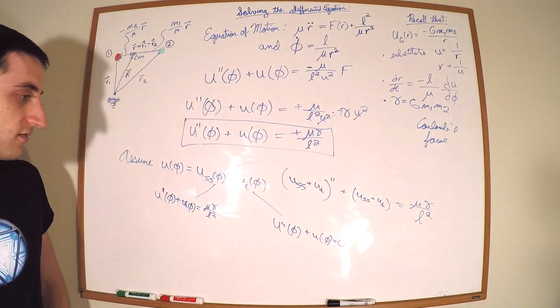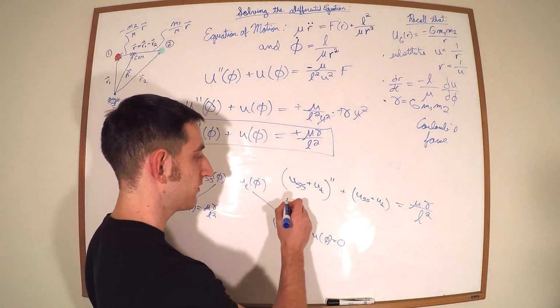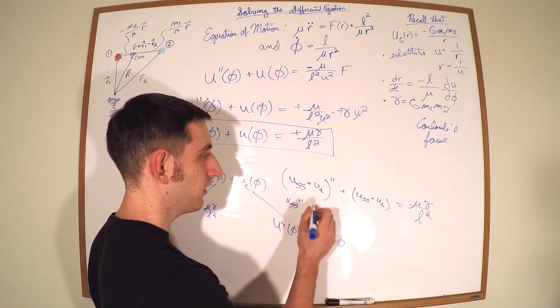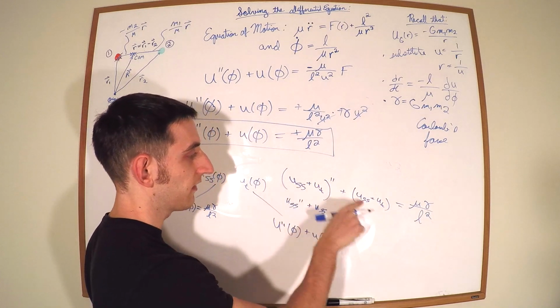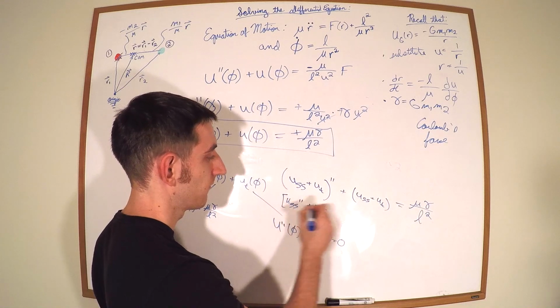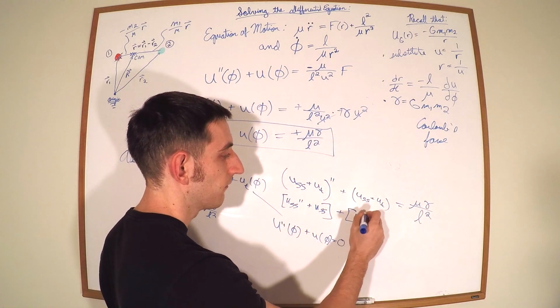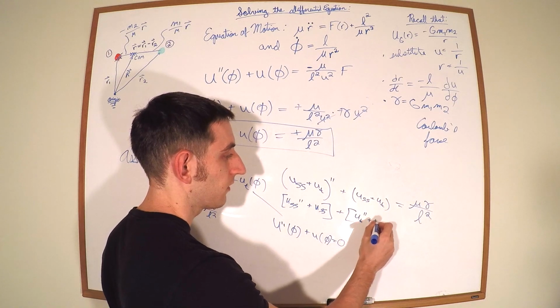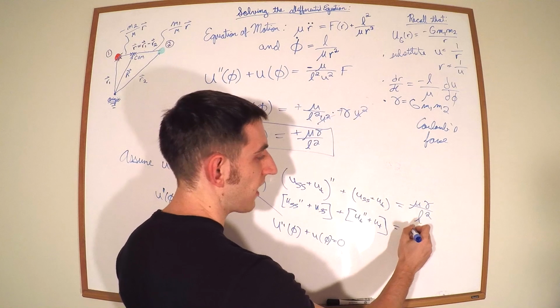Well, let's look at this. If we have USS prime prime plus USS, grouping this, plus UT prime prime plus UT, it better equal this constant.